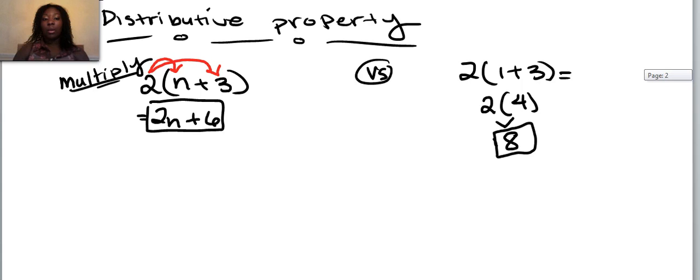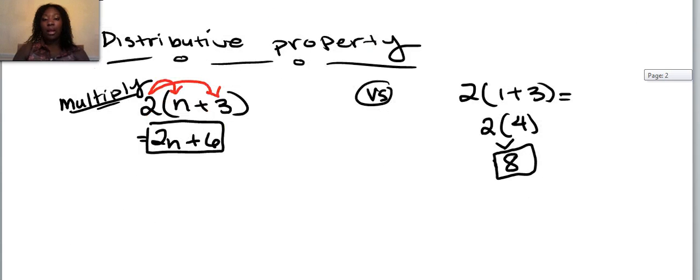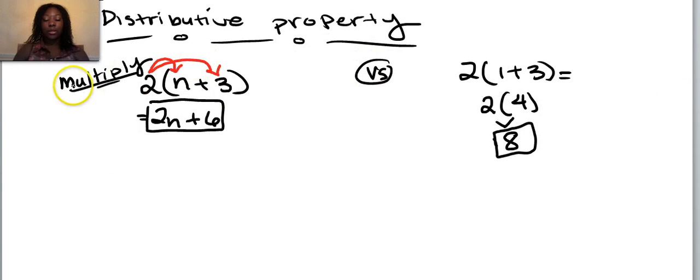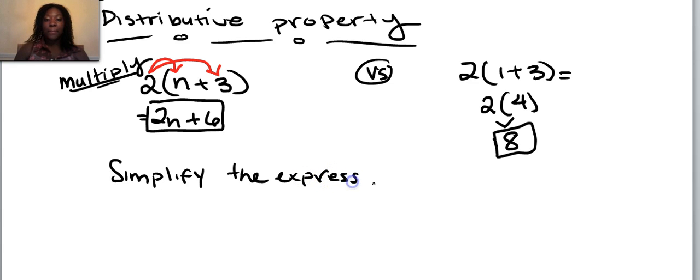Okay? Well, I kind of went a little too fast for myself. Before we do distributive property, I just want to show you how to simplify expressions. Simplifying the expression. Alright.